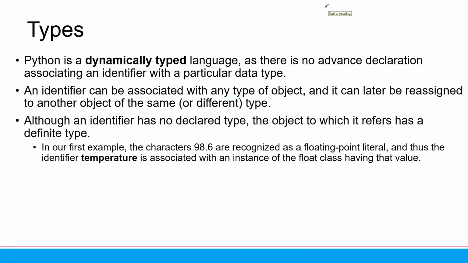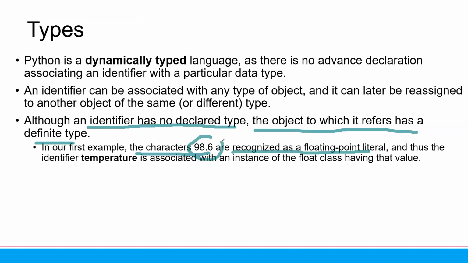Even though the identifier has no declared type, the object to which it refers has a definite type. So when we have this example about 98.6 for the temperature, it is a floating point literal.